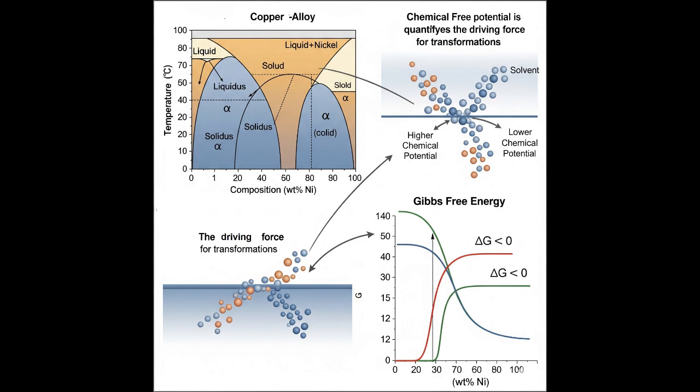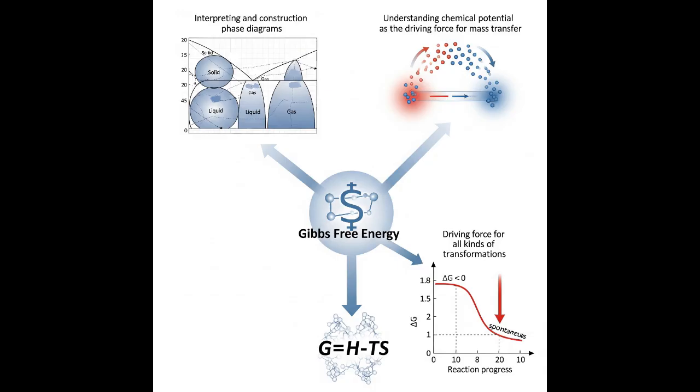It serves as the bedrock for interpreting and constructing phase diagrams, understanding chemical potential as a driving force for mass transfer, quantifying the driving force for all kinds of transformations in materials.